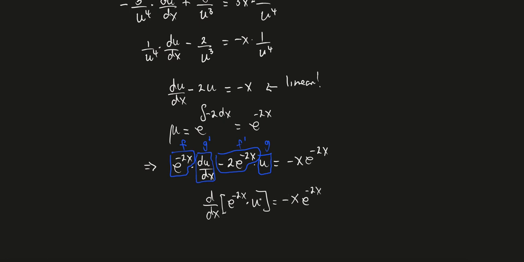And again, using our properties of derivatives and antiderivatives, if the derivative of what I have in the square brackets is negative x e to the -2x, this implies that e to the -2x times u is the antiderivative of negative x e to the -2x dx.